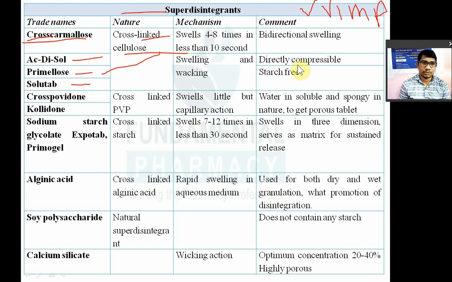सपोज आपने croscarmellose sodium टैबलेट में required amount में डाल दिया और टैबलेट बना लिया. जब वो टैबलेट वाटर के कांटेक्ट में आता है, वाटर कहाँ से आएगा? Water is present in your GIT. So when a tablet comes in contact with your GIT fluid, the gastric juice, the tablet will swell 4 to 8 times in less than 10 seconds. जैसे ही वाटर कांटेक्ट में आएगा, इतना स्वेलिंग हो जाएगा कि टैबलेट बस्ट हो जाएगा. बस्ट हो गया मतलब ड्रग रिलीज हो गया.